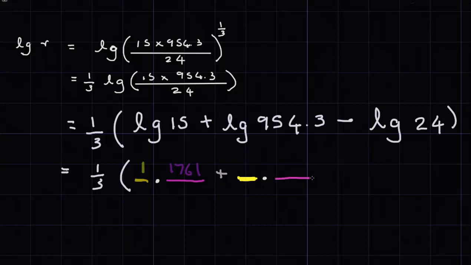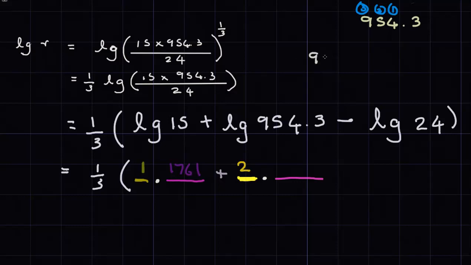So how do we decide that? For 954.3, there are 2 ways of thinking. One is you count how many digits are there before the decimal point. That's 1, 2, 3. So there are 3 digits. Then what would you put in the yellow blank? 2. 1 less than 3 is 2. That's one way of thinking.